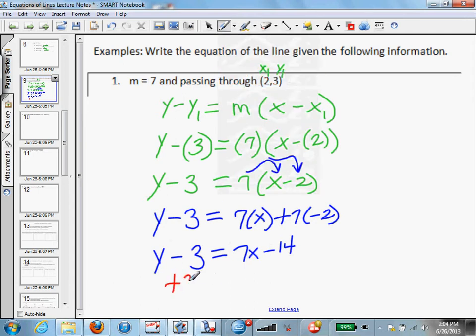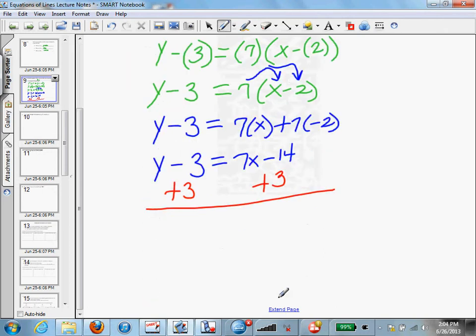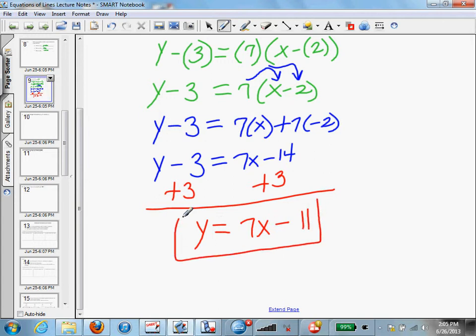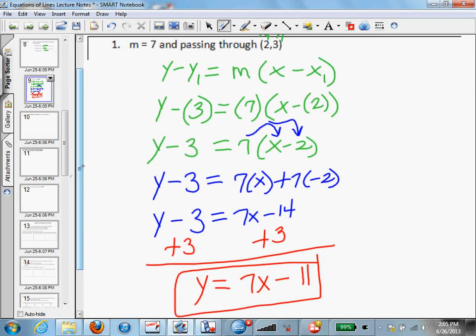To get y by itself, add 3 to both sides. Notice you want to add it only to that negative 14. You don't want to add to the 7x because they do not share similar terms. So you're going to have y equals 7x minus 11. And that is in y-intercept form. And up here, it is in slope-intercept form.